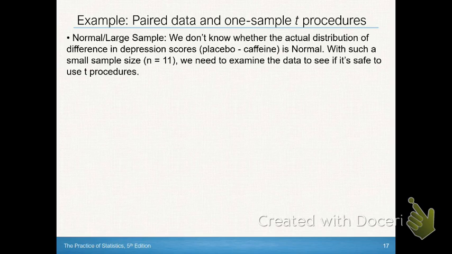We were not given information that the population of depression scores was normal, so we don't have that. Our sample sizes are not big enough to meet the central limit theorem, so we don't have that, which means we need to look at some sort of graph.